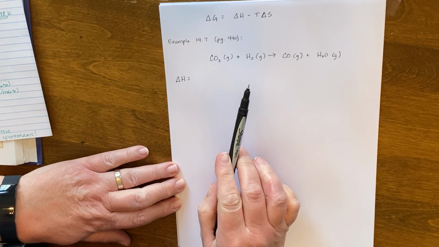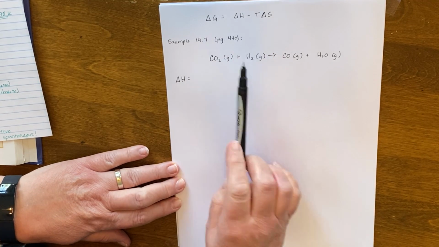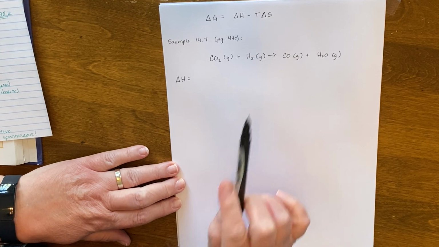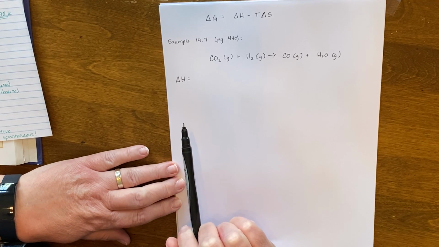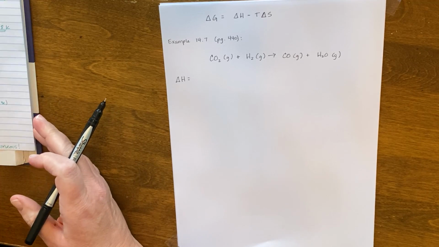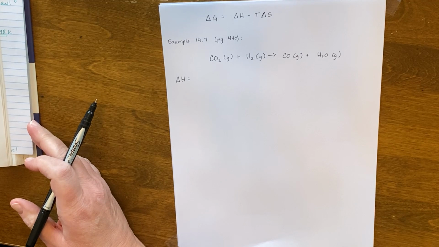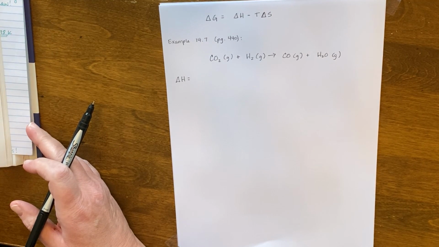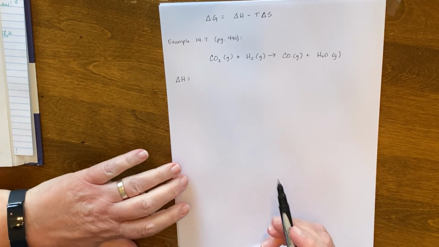Remember, I said all of these equations, H and S and all of them, are the products minus the reactants. The only one that's not that way is bond energies, and we're not dealing with bond energies right now. To calculate the delta H, I can go back in my book and look for my standard enthalpy of formation table, which is found on page 424.